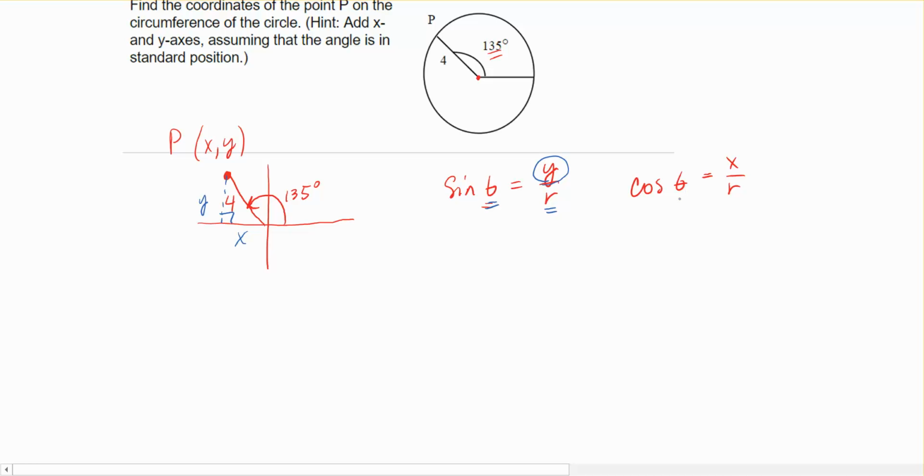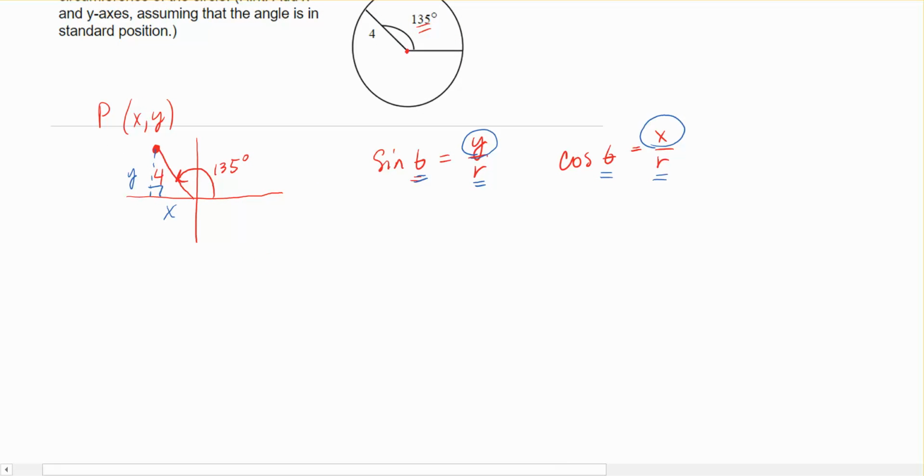Cosine also gives me a theta and an r, leaving me with only 1 missing piece to solve for. And if you were to look at the remaining 4 trig function values, you'll see that sine and cosine are the best choices for us to be able to solve for y and x in this case.